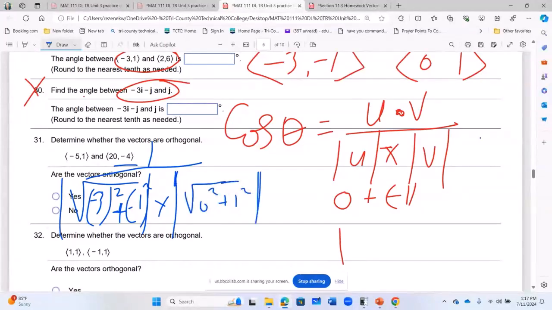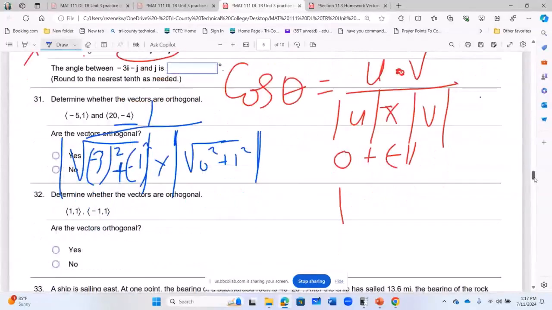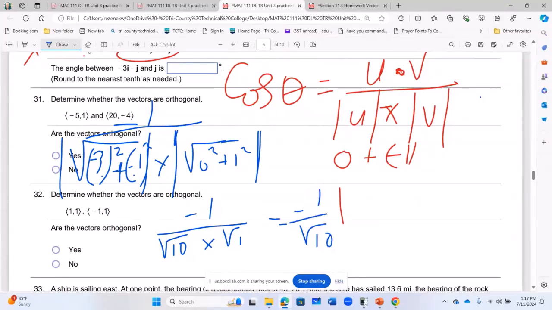Okay, so now let's simplify. The numerator gave me -1. Right here I have 9 plus 1 is 10, square root of 10, multiplied by square root of 1. Square root of 1 is 1. So I'll end up having -1 over square root of 10. The absolute value is still square root of 10.